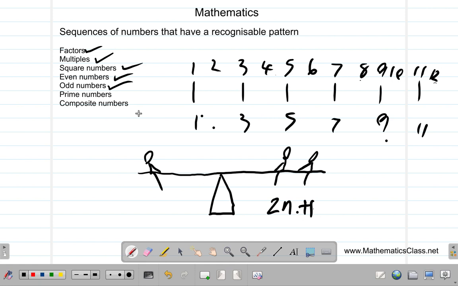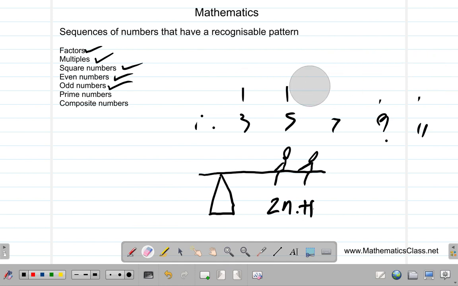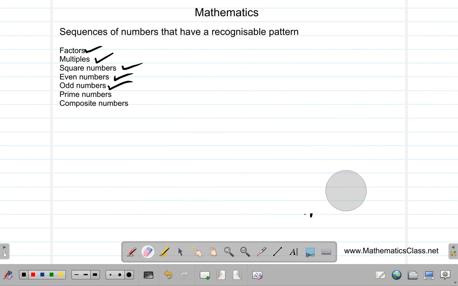Now, the other thing we want to look at is the prime numbers. A prime number is a number divisible only by itself and 1.